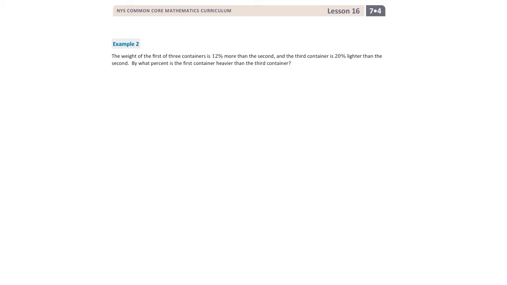The weight of the first of 3 containers is 12% more than the second, and the third container is 20% lighter than the second. By what percent is the first container heavier than the third container? Let's start off with having N represent the weight of the second container.